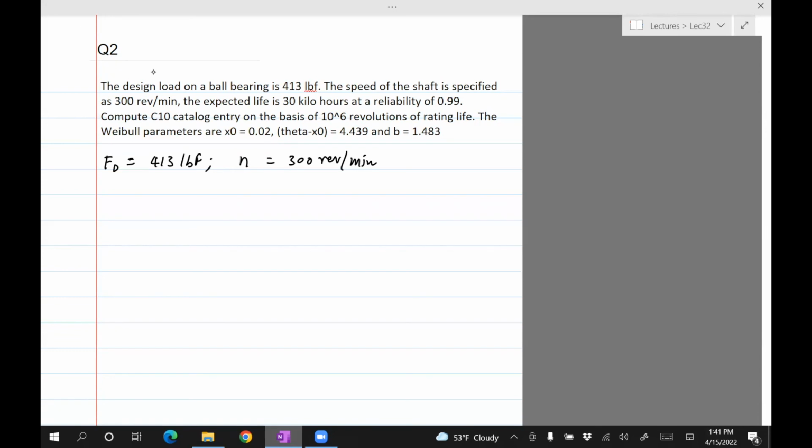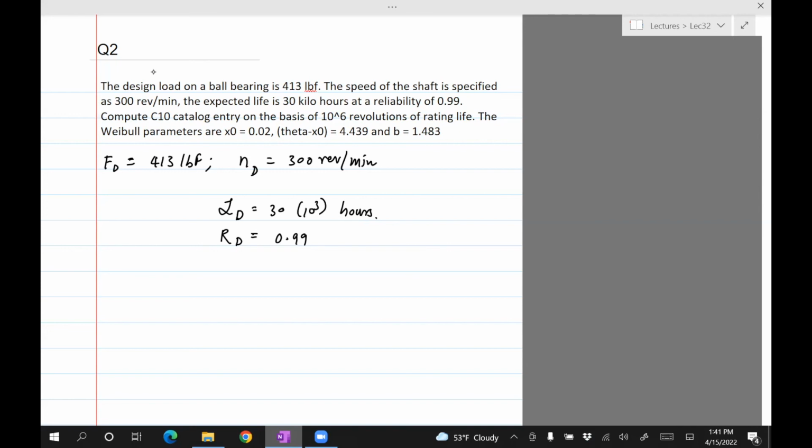The expected life is 30 kilo hours. Since the life is in hours and not revs, this should be the abbreviated L, and this will be LD because that's desired. So 30 kilo is 30 times 10 raised to 3 hours. The reliability at D is 99%, or just put it as 0.99 in the formula. You have to put a number less than 1.